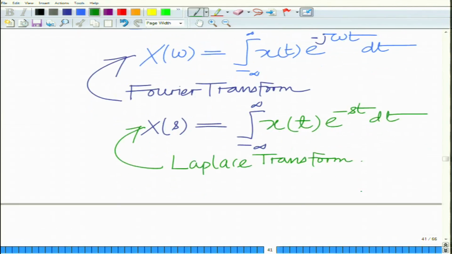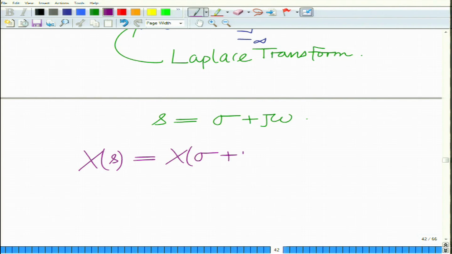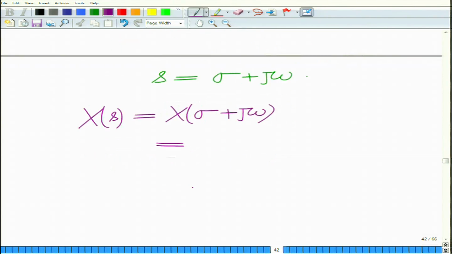Okay, and I can set, remember s is a complex number, so s equals sigma plus j omega, which means X of s equals X of sigma plus j omega.